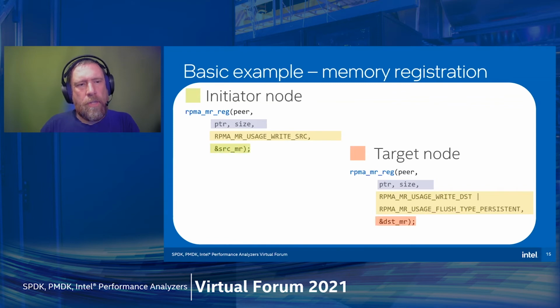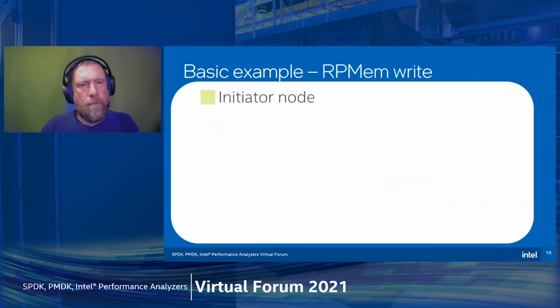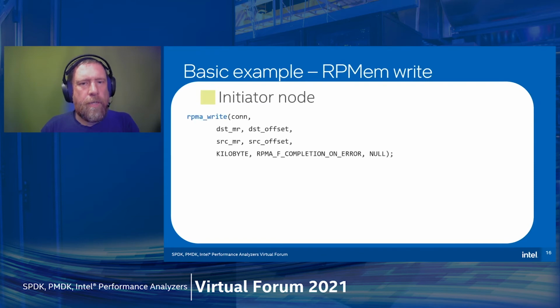The memory registration API call, when it succeeds, will create a memory registration object, which will later be used to perform operations. You have to do memory registration only once for given memory ranges. The rest of the process is done entirely on the initiator node. First, you must perform a write operation.